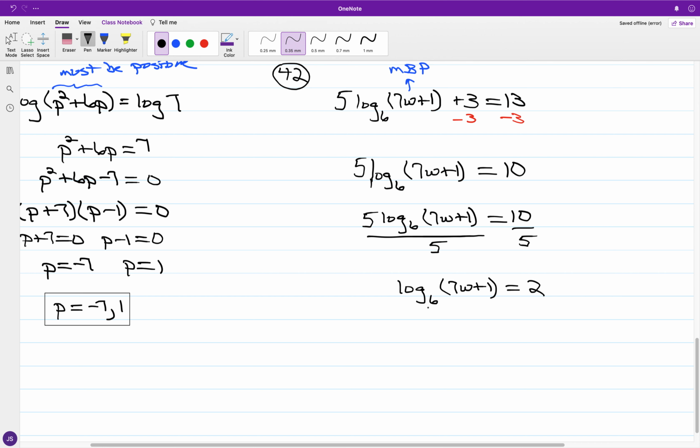Now I have a single base 6 logarithmic term, and now I can use the a to the base a logarithm of x is equal to x property. So I can now treat both sides as powers to which the exponential base 6 is going to be raised.